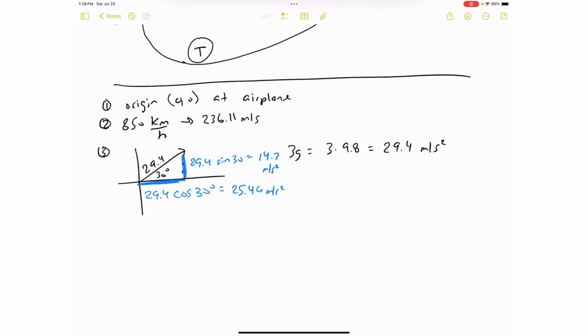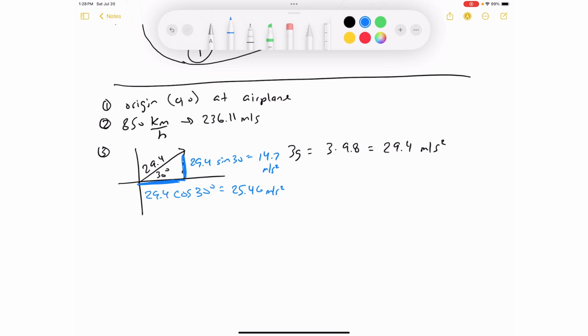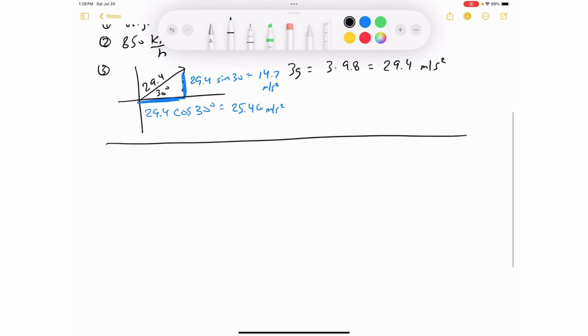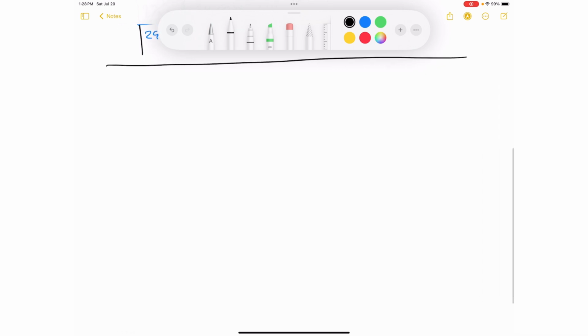Let's put a line here. What I want to do is create some graphs. I want to create the velocity of the airplane in X, and then over here, its position.